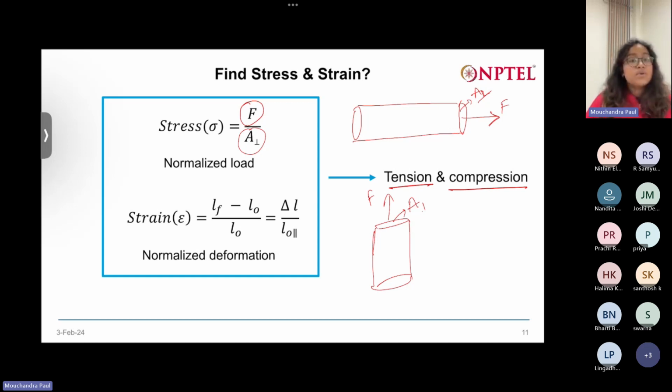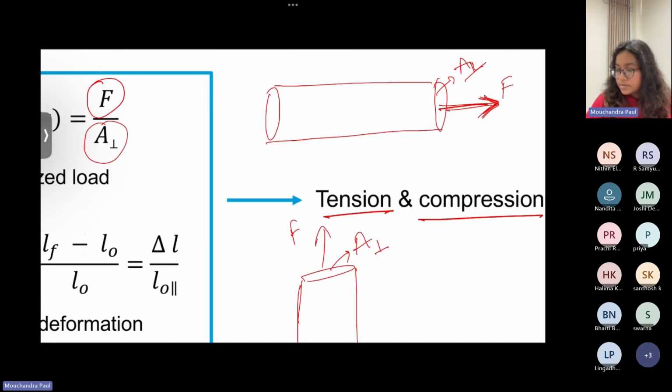Now, what is strain? Strain is, again, a normalized way of saying how much the material has deformed. It is given by the ratio of the change in length divided by the original length. So in this particular orientation, the force is applied in this particular direction, right here.